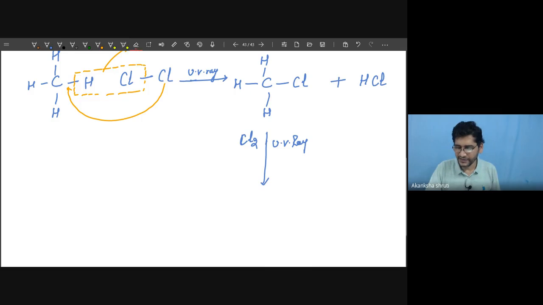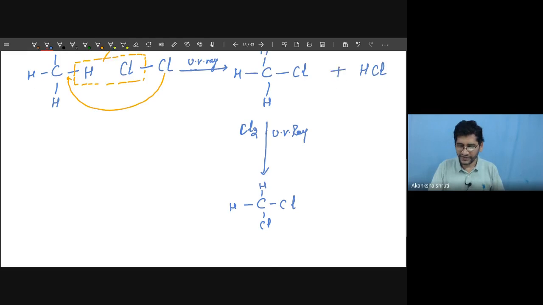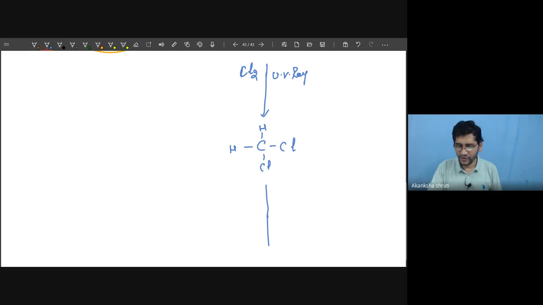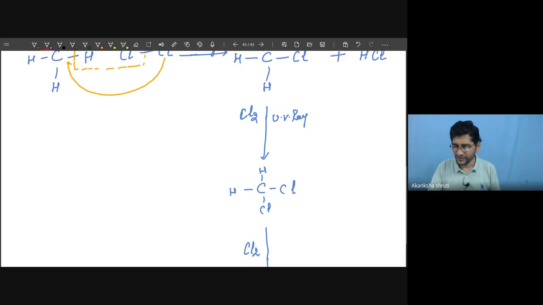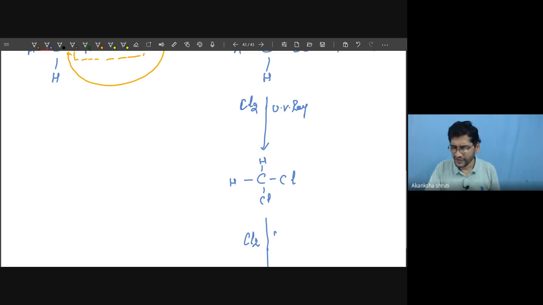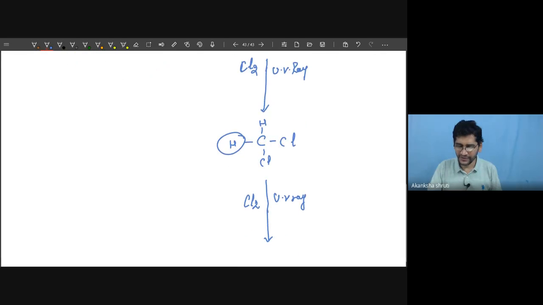It becomes like C, then Cl, H, H, Cl. Furthermore, if more Cl2 is present, what is being added? It is written here Cl2, okay, over this arrow itself. UV ray, the other hydrogen will be replaced. So a structure we need to write it here.